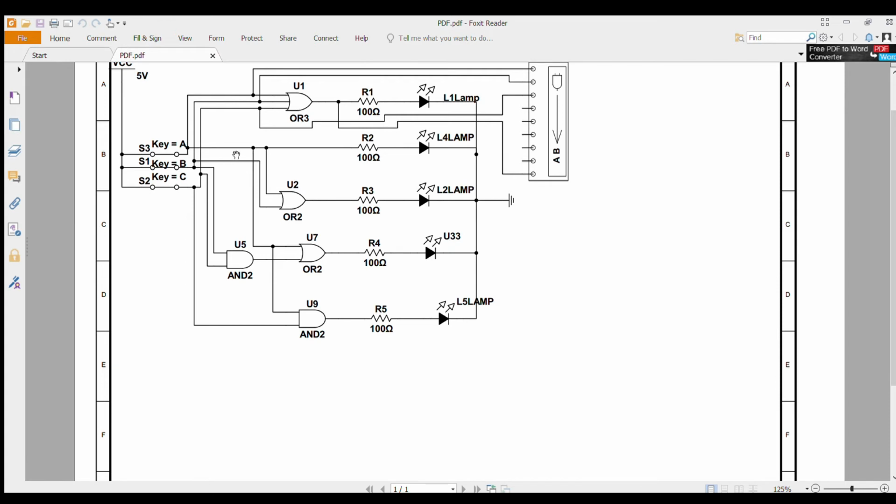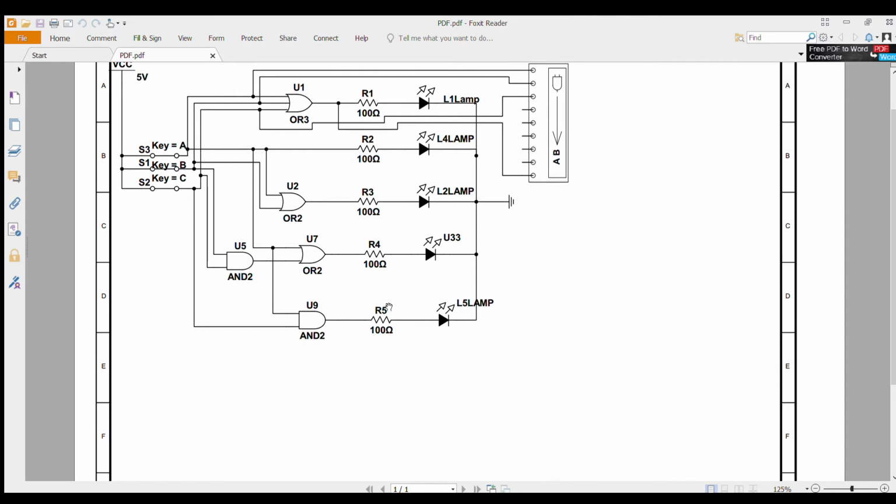The easy part is L4, because there is nothing, it's only A. We'll connect switch A with a resistor with the LED. That's it. Moving to L5, here's L5. For L5, we connect A and C with an AND gate because it's A times C, and the output will be A times C, and here we also connect a resistor to save the LED.